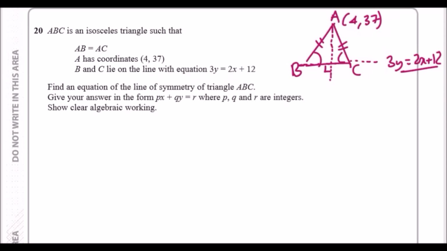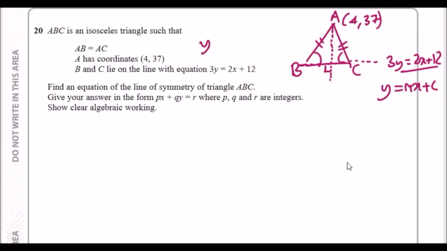All right, cool. So let's do this. So how do we start with this? What I would personally advise is, since we have a coordinate here which is on this perpendicular line, and we have a line already here, we should go ahead and find the gradient of this line. And to do that, we need to rewrite this in the usual y equals mx plus c form, where m is the gradient. So it looks like it's almost there. We just have to divide this equation by 3.